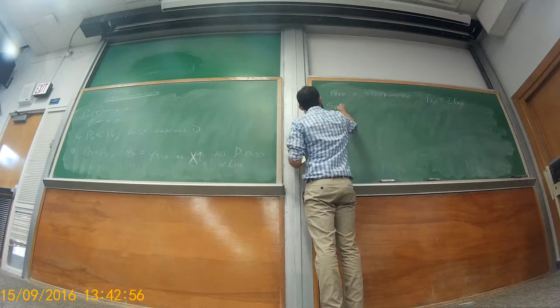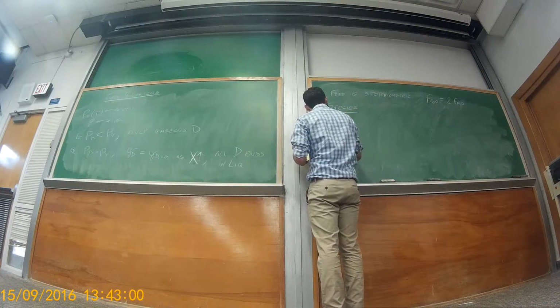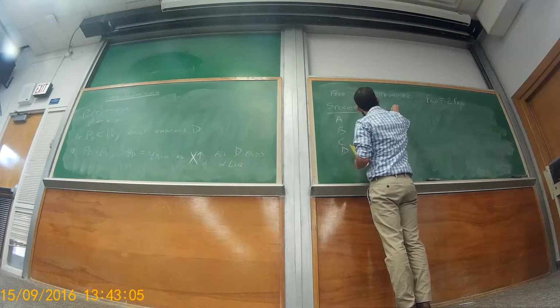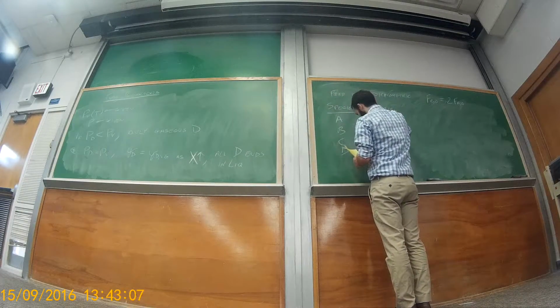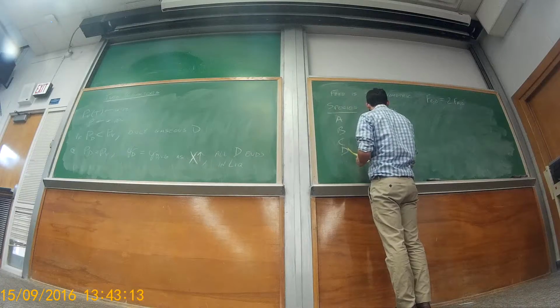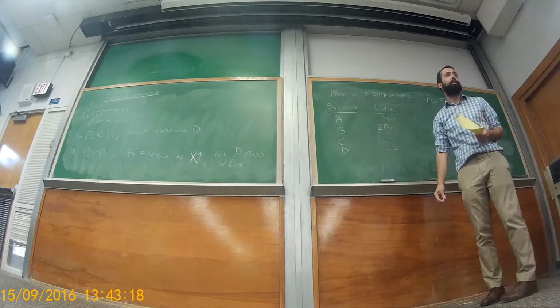Alright, the species A, B, C, D. No C, no D. Again, because I told you that the feed was stoichiometric. That also means no product.